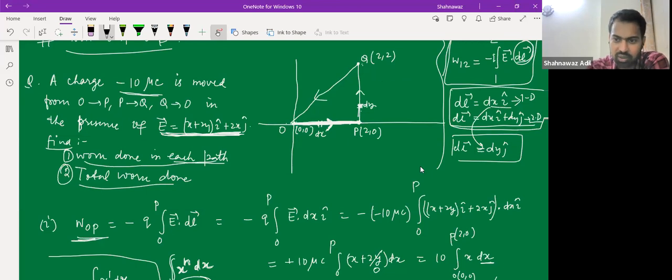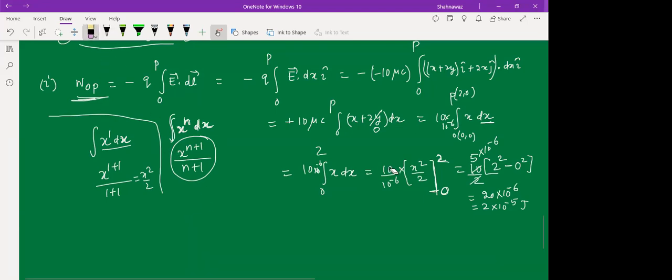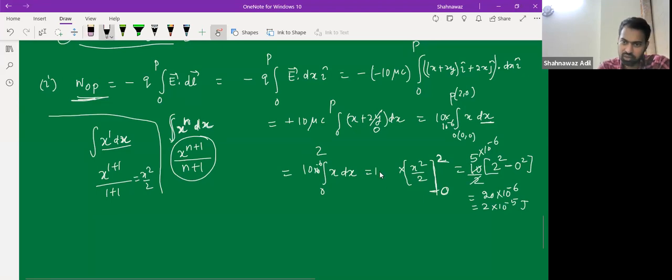Okay. This is a microcoulomb. Remember that this is multiplication, 10 into 10 to the power. Okay, done. So now let us calculate.